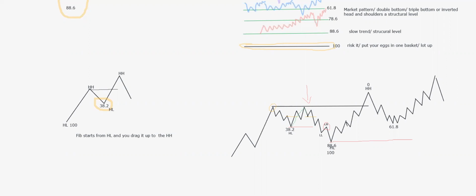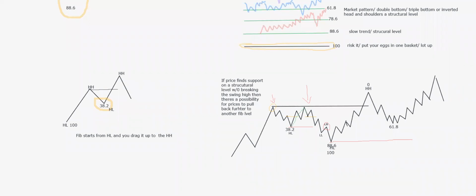Okay. If price finds support on a structural level without breaking the swing high, without breaking this swing high, then there's a possibility that price might pull back further to find another fib level.